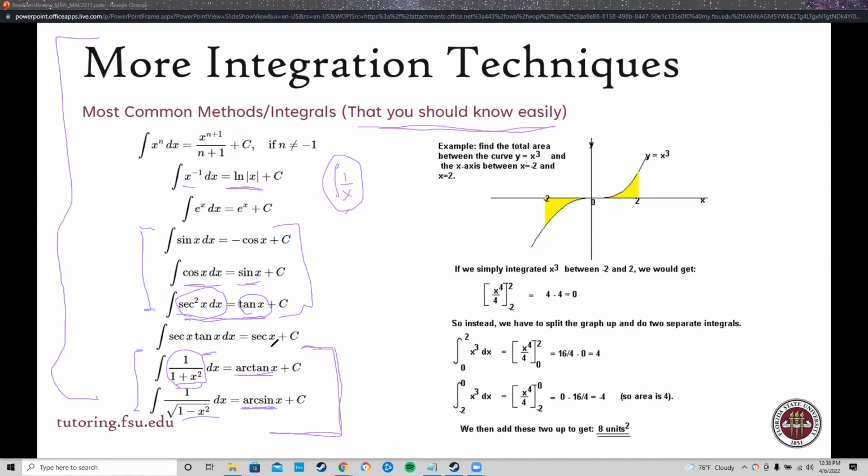You know what I mean? So knowing these definitions is important, because if you can find a way to put your function in a form that looks like one of these, then you can quickly evaluate it without having to do much actual calculation.